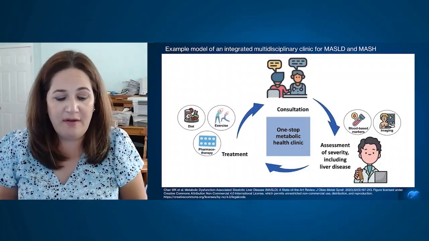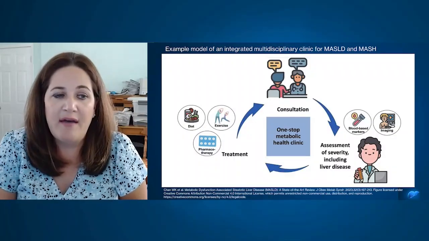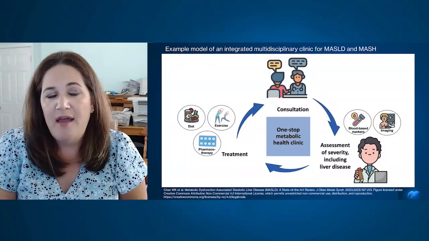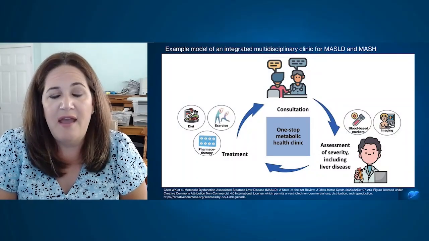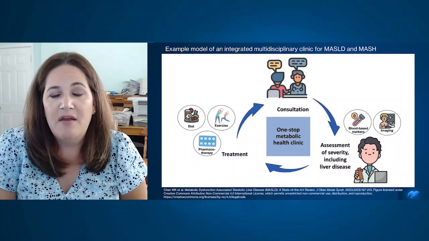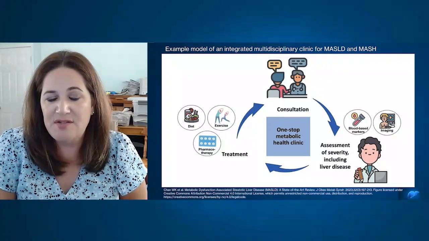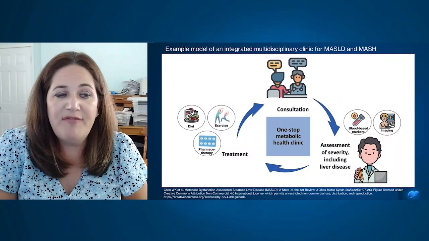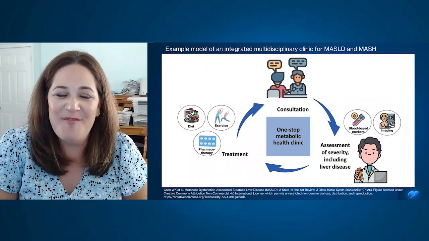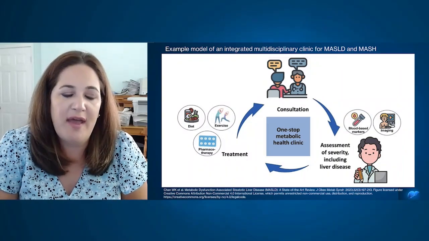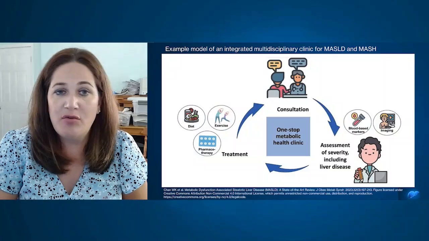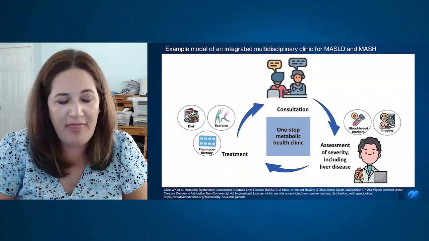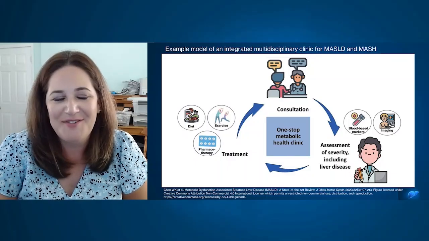Typically, our treatment for MASH and MASLD has always been diet and exercise. We have not had any medication up until this year that has been able to target fibrosis stage 2, stage 3 with a patient with MASH. So there is pharmacotherapy coming for specifically this case, but historically we haven't had that option. And so our rule of thumb has been diet and exercise, diet and exercise.